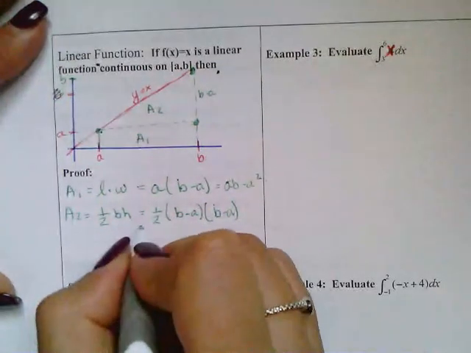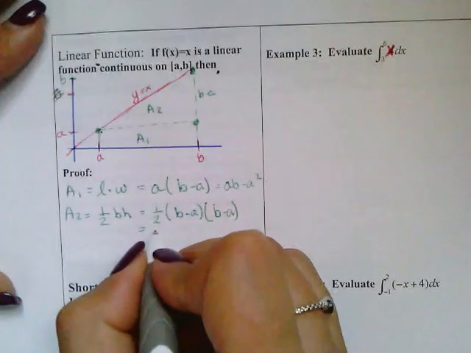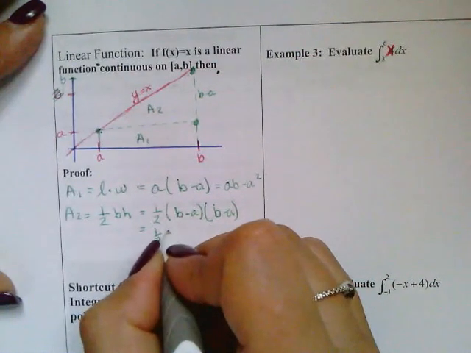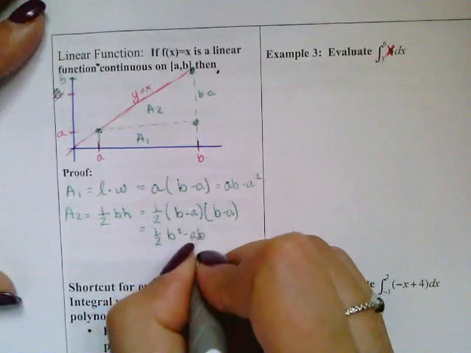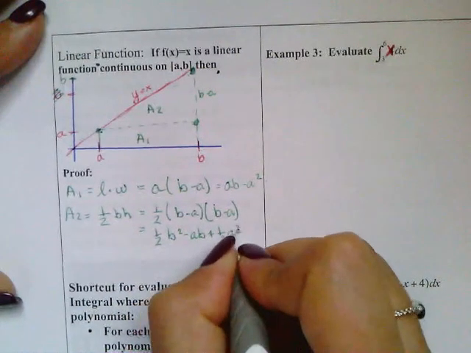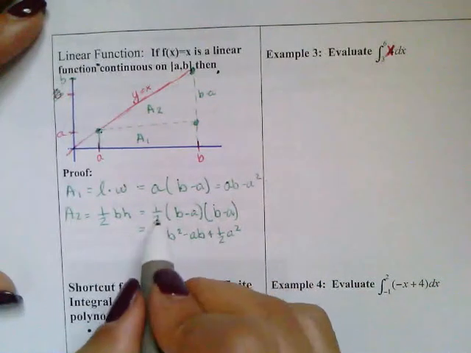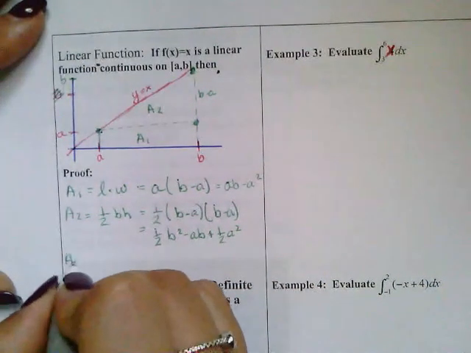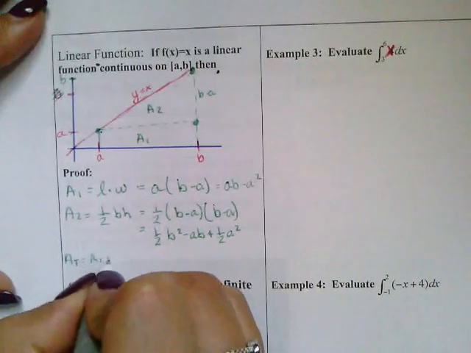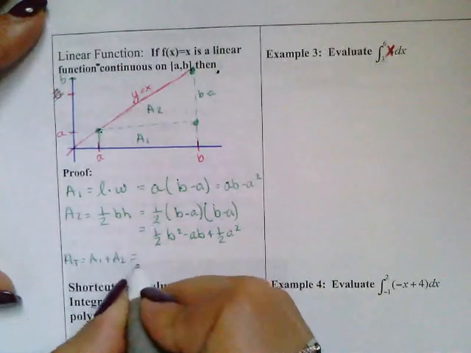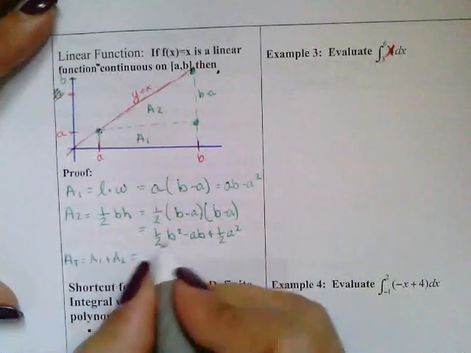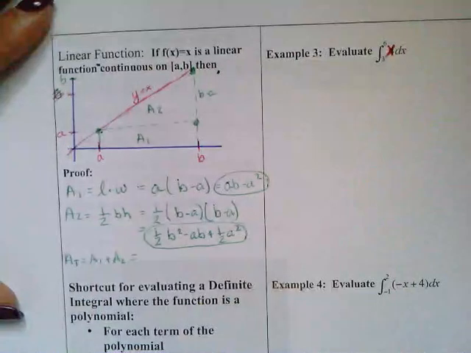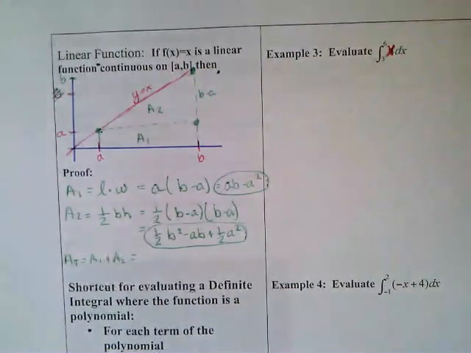So now when we simplify this, we end up with 1/2 B squared minus AB plus 1/2 A squared. Basically what I just did is I FOILed and then I distributed the 1/2. So now if I add the two together, the total area, which is A1 plus A2, you get, let's add this and this, okay?